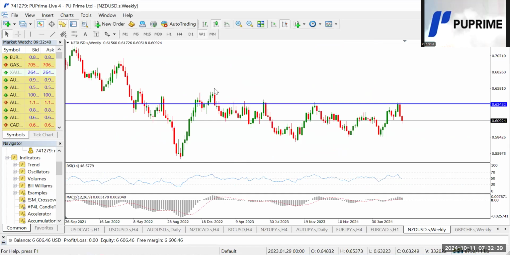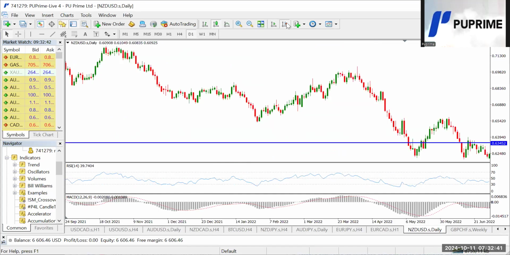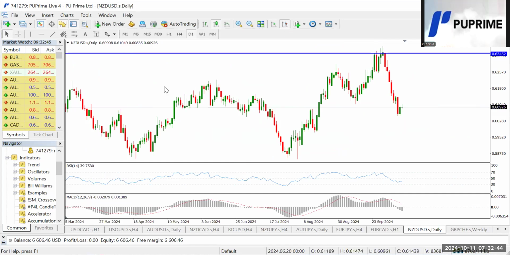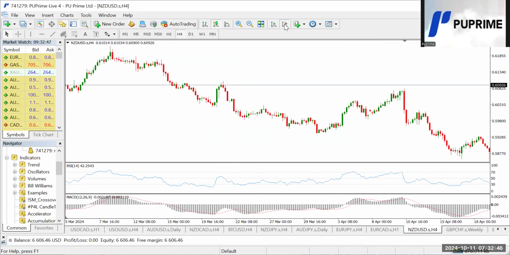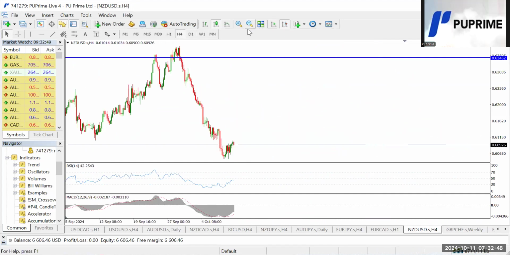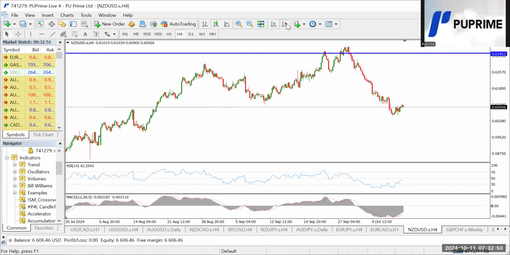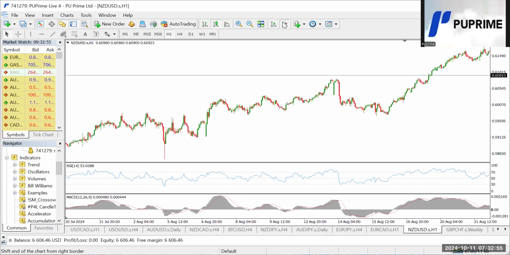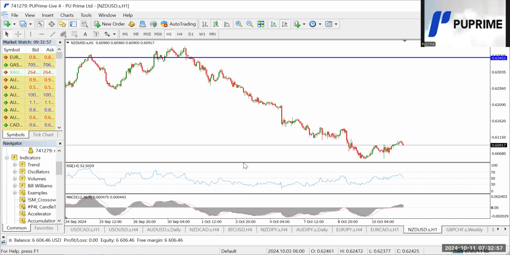There's equally no setup around the New Zealand USD at the moment, so I will also not mention anything about that.